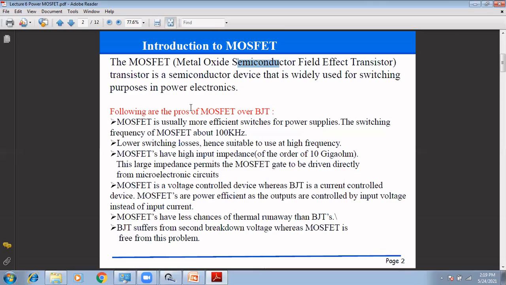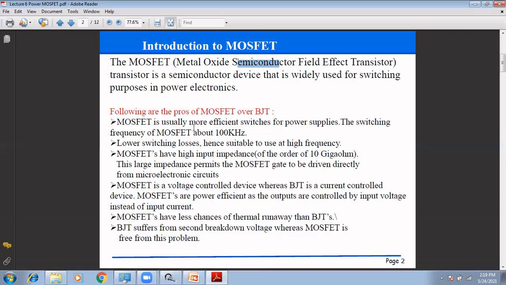The first difference is that the BJT's switching speed is not as high as the MOSFET's. And the second disadvantage of the BJT is that when the BJT is on, it consumes much more power. So these are the two big disadvantages of the BJT, and they are overcome by the MOSFET.